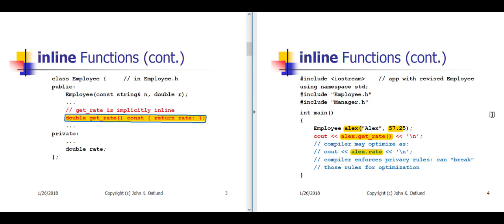Now, this may seem like an access violation because rate is private within the employee class, but remember that it's the compiler that is enforcing the private access control, and in the code that the compiler generates, the compiler is free to break those rules itself if it can optimize some code without changing the meaning of the code. Okay, so simply by obtaining the value of the rate data member of the Alex object, the compiler is able to make this a bit faster than setting up the overhead of actually calling the function and then returning from the function.